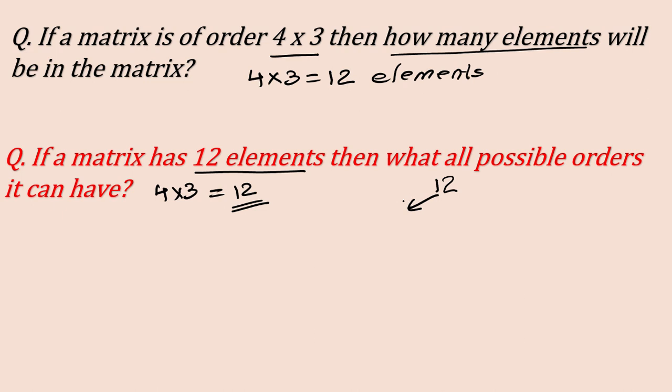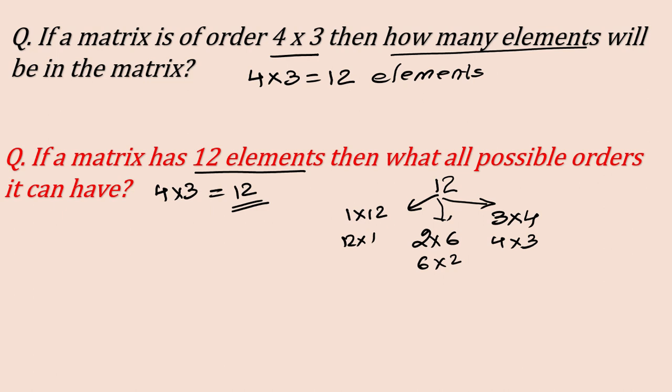Answer will vary. Some of the students will say 1 and 12 multiplication will be 12. Yes or no? Yes. Some students will say we can multiply 2 and 6 also to get 12. Yes, he will also be correct. Some will say that we can multiply 3 and 4 also to get 12. Yes, and some will interchange the values, means 12 multiply 1 also, 6 multiply 2 also, and 4 multiply 3 also.